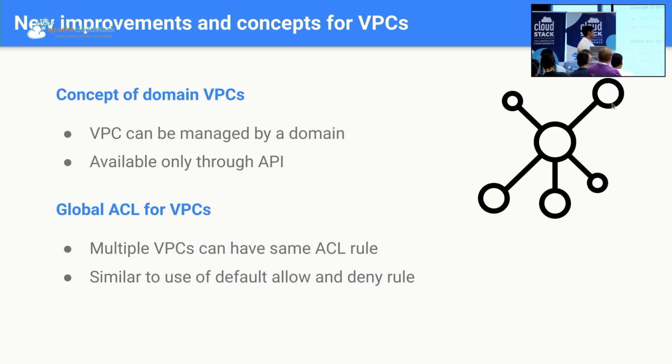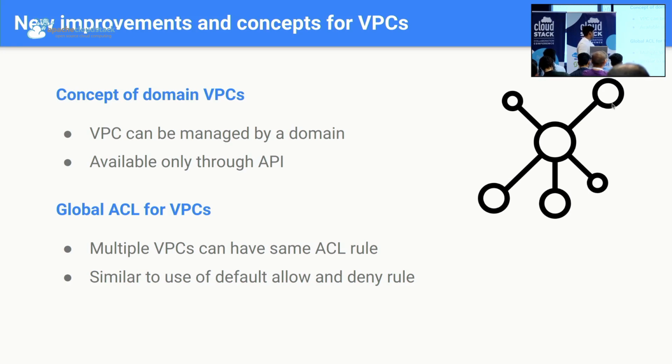So this should be a pretty interesting use case for some of the providers. The only thing right now is that this support is only with the API. So I guess you need to call the create network API with different accounts to check this out.